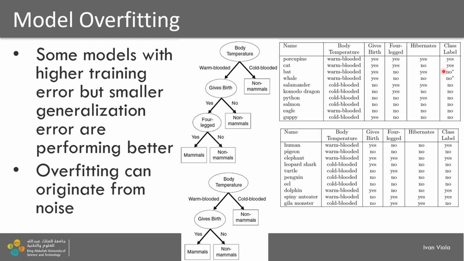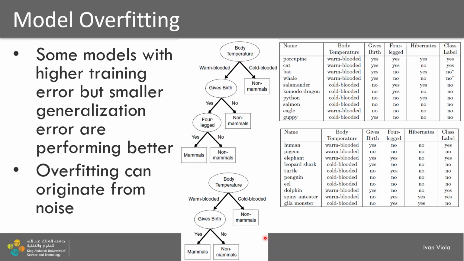But here we see that there are just two examples of non-four-legged mammals, and both of them have been subject to this noise, to this error, and they have caused this decision tree to grow to such a detail which no longer was covering the truth.